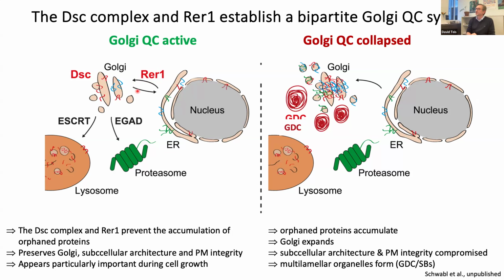But if both of them are gone, then cells get really in trouble because now more proteins will become orphans. These orphans will accumulate and there is no way that you can take care of them. They start to accumulate and essentially start to poison the endomembrane system. And as a response, we believe as a stress response, these GDCs, these multilamellar compartments, are formed and somehow help the cell to survive. So with that, I'm at the end.